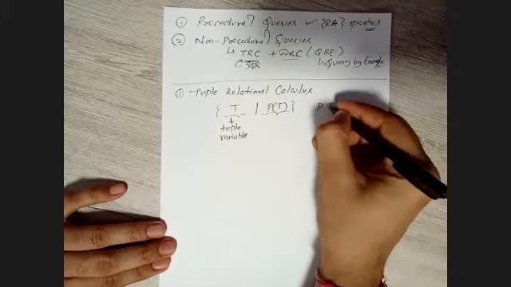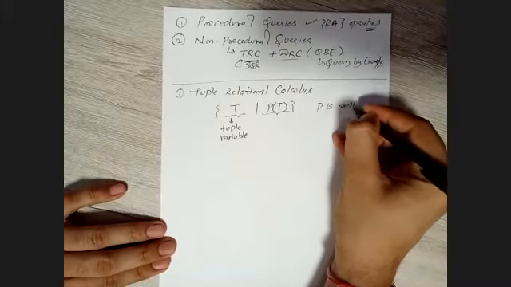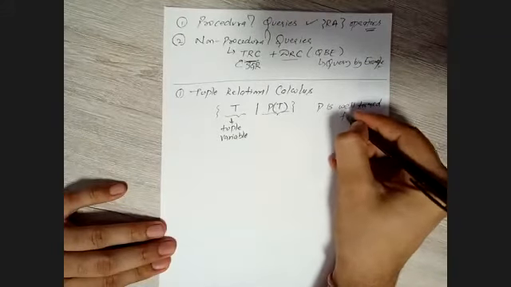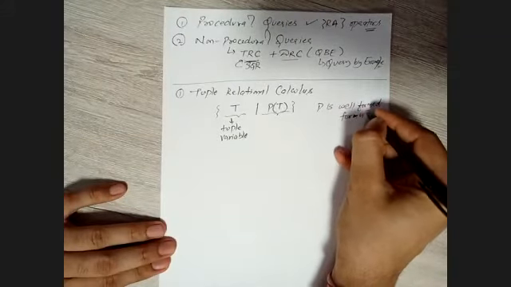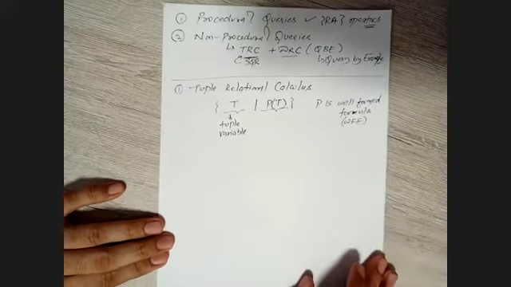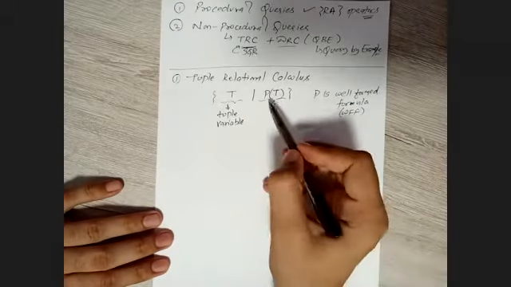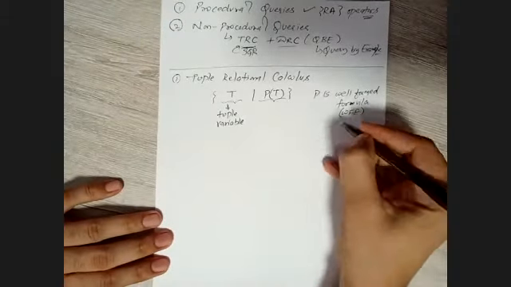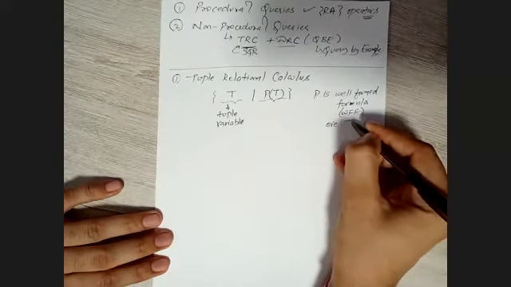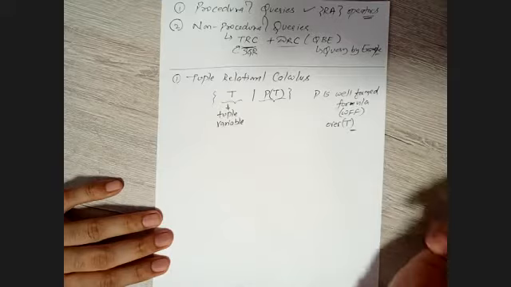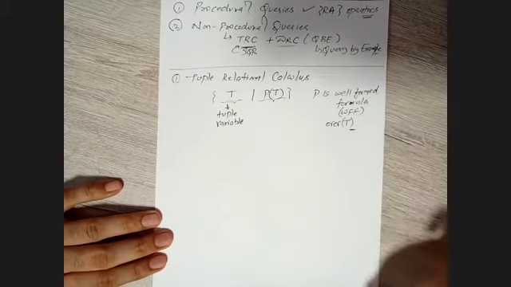Here P is a well-formed formula, WFF, if you remember this term from discrete mathematics, a function over the tuple variable T. We call this WFF in mathematical logic.